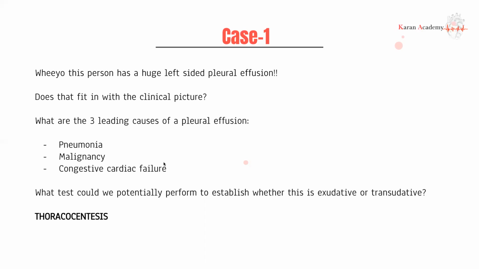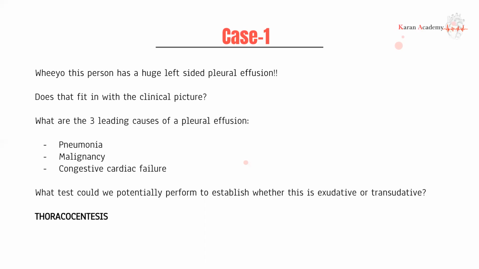Now, just based on this, what do you think is most likely? It's a chronic history with a dry cough, with some weight loss, with some fatigue, with some shortness of breath, with some exercise intolerance, no sputum, dry cough. I would think it's a malignancy, right?